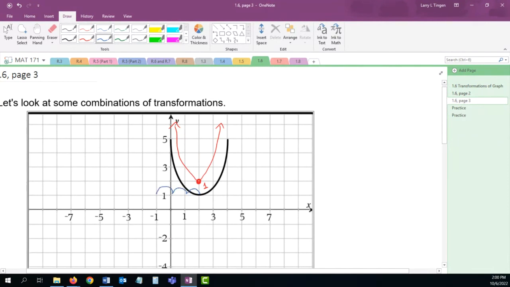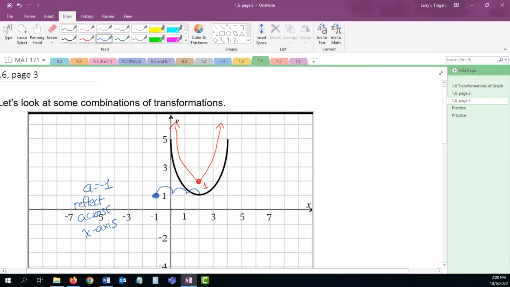1, 2, 3. So here's my vertex now. And then A is -1, so this is a reflection across the x-axis. So that means this point was here.